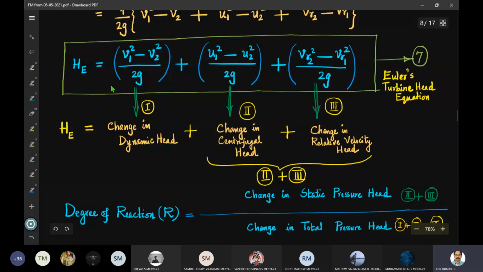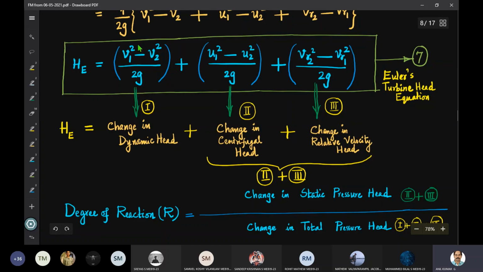Let me remind you, the first term, change in dynamic head, represents energy transfer. And the second and the third term collectively represent the change in static pressure head, and that represents the energy transformation from one form to the other. So in the case of reaction turbines, this change in static pressure head will exist, that is energy transformation.